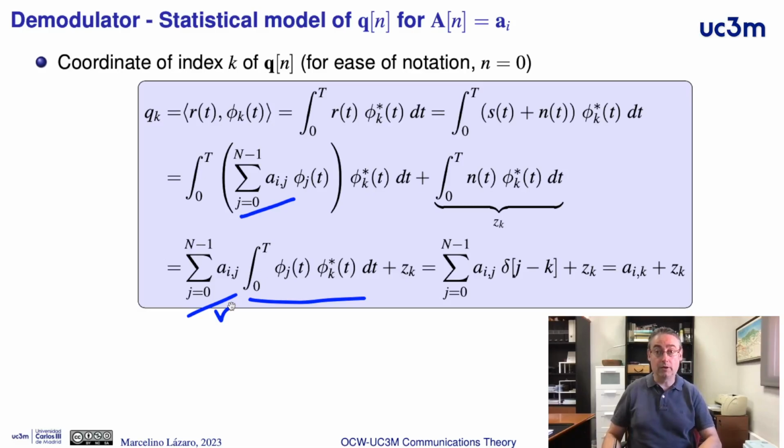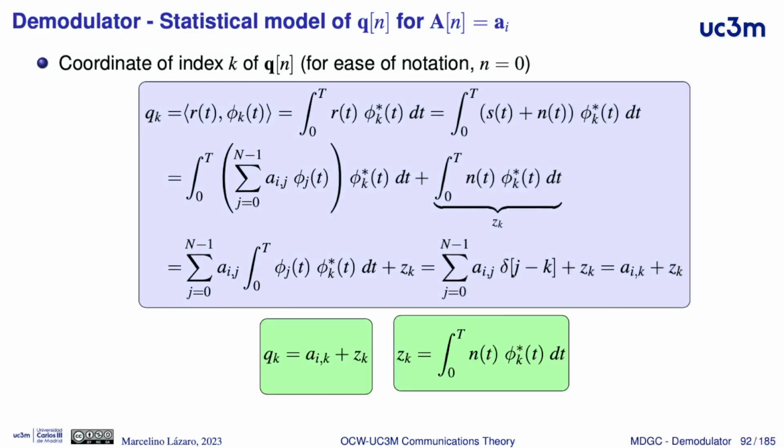Therefore, what we have here finally is that the kth coordinate that we have in vector q is equal to the kth coordinate of the transmitted symbol plus the kth coordinate of the noise, given by the inner product between the thermal noise and the kth element of the orthonormal basis.